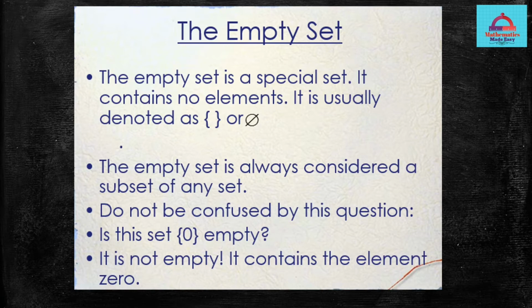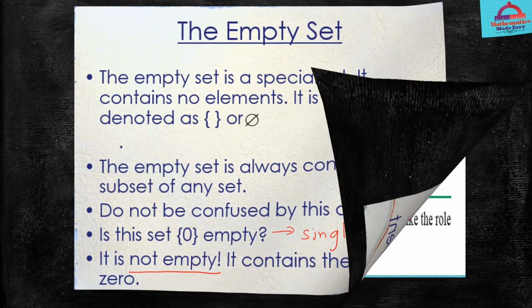This set actually has a name, which is called a singleton set. It has just one single element, that's why it's called a singleton set. So it is not an empty set. Please don't get confused by this. And let us now see some questions which you can expect from the topic of empty sets.